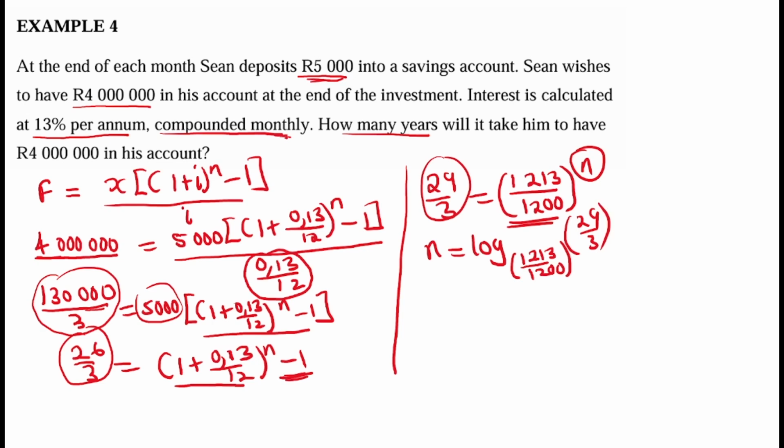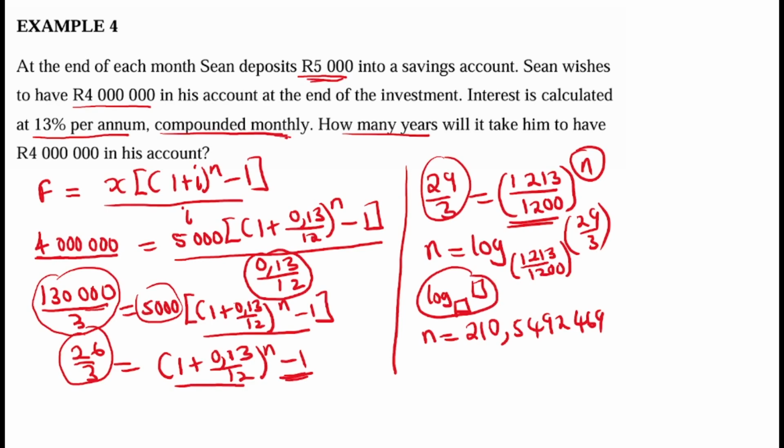There is this function in your calculator. Just put this in the function as it is, and you must get n equal to 210.5492469. Let's say you don't have this in your calculator. What can you do?